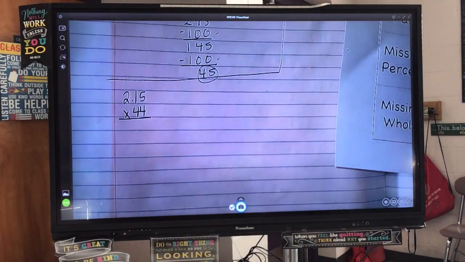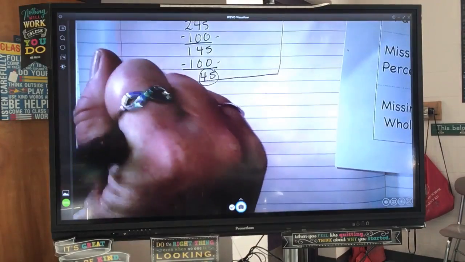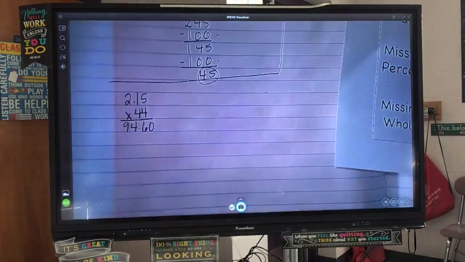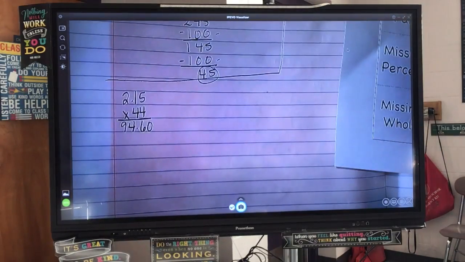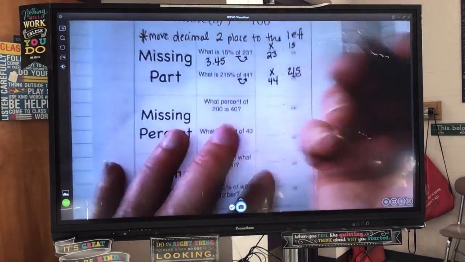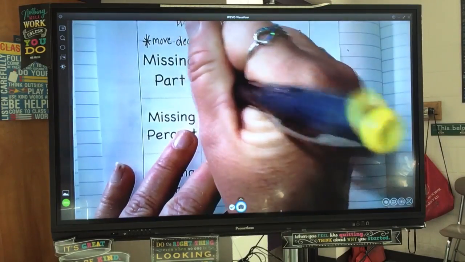Does it make it something different? Okay, you don't need to. Troy. I got 94.60. Yeah, so, guys, it should have been 94 and 6 tenths, or 94 and 60 hundredths. So that is essentially your answer.